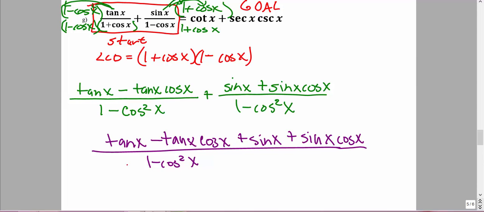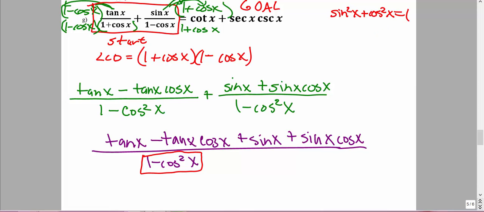Let's think about doing a Pythagorean replacement for the denominator. We have 1 minus cosine squared x, and to simplify this, let's replace that with its equivalent using that Pythagorean identity. Sine squared x plus cosine squared x is equal to 1.